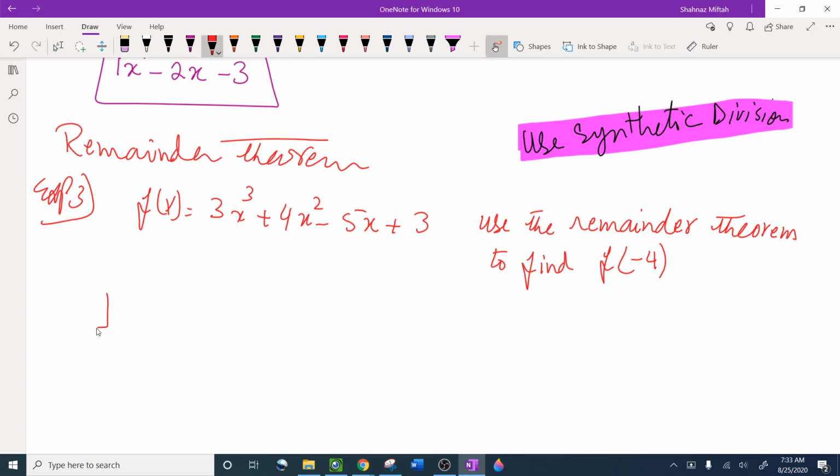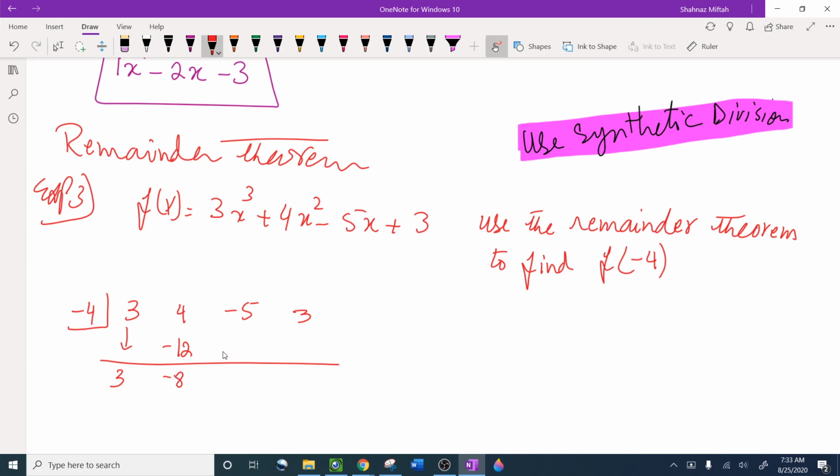So synthetic division, I'm dividing by negative 4. Take the coefficients: 3, 4, minus 5. If it's a plus sign, I don't put it there. So this 3 is going to go down. We draw a line right there. Negative 4 times 3 is negative 12. Then we get negative 8 when we subtract 4 and 12.